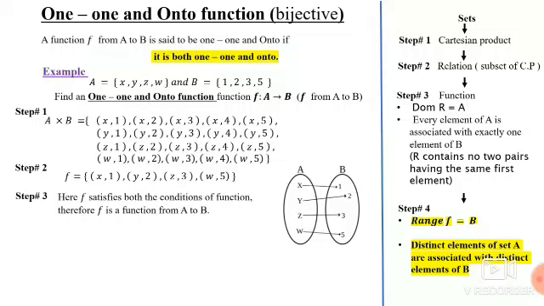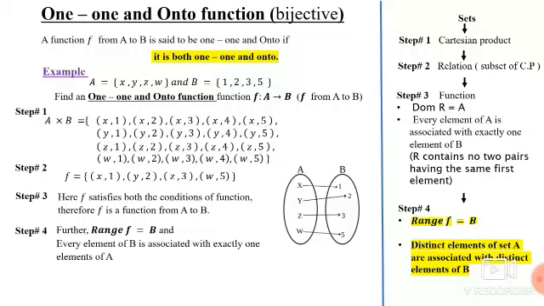Now we will check whether it is an onto and one-one function or not. Let us make the set of range. The set of range will have 1, 2, 3 and 5, which is equal to our set B. It means the first condition is satisfied.